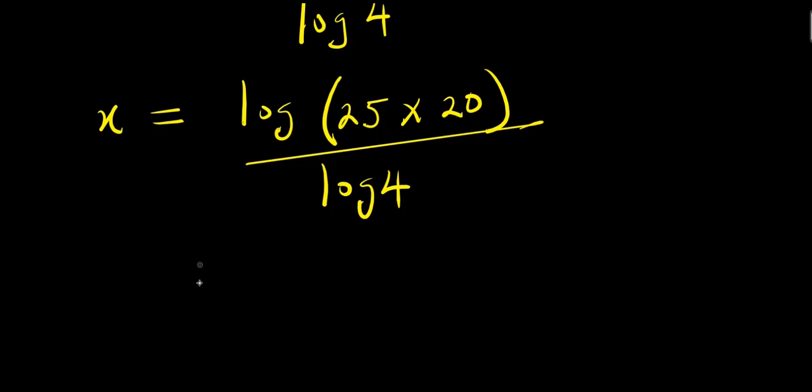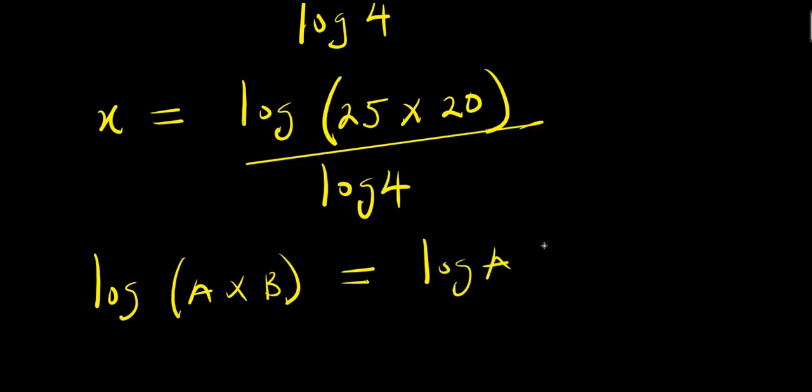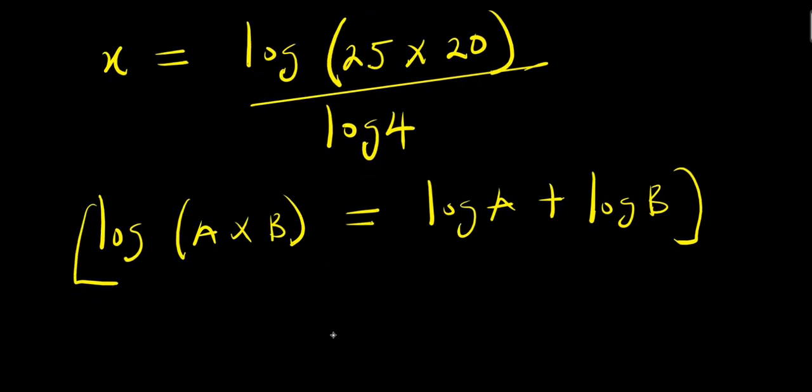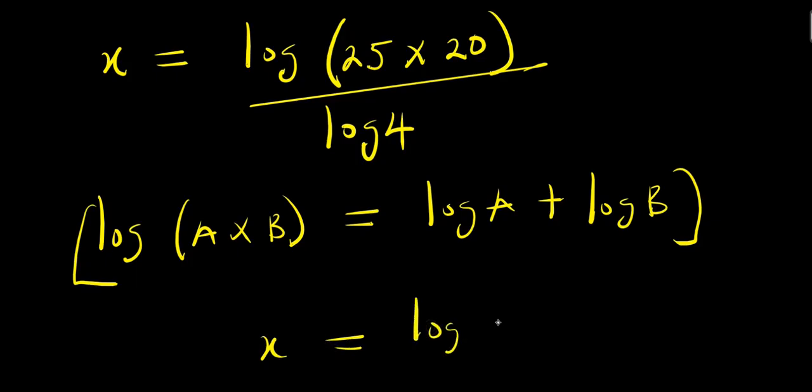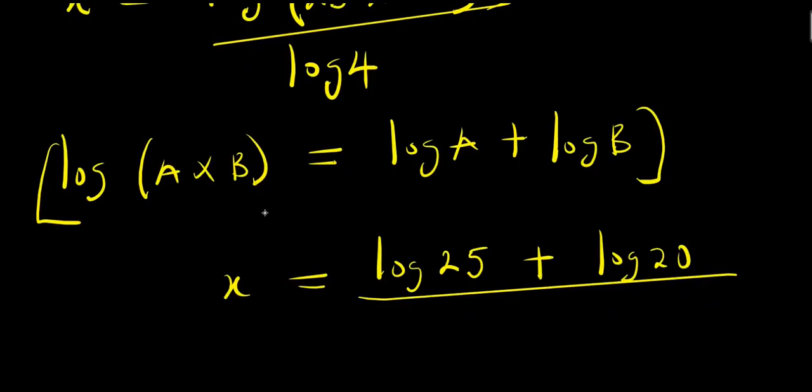Now, if you have log a times b, this equals log a plus log b. So from here, you will have x equals log 25 plus log 20 divided by log 4.